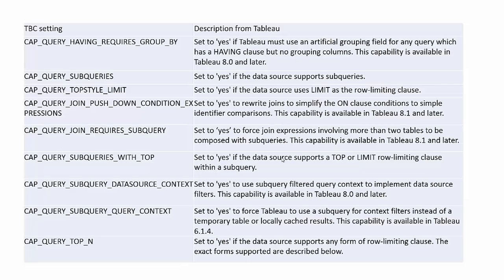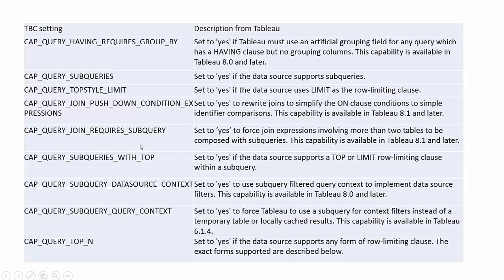And then where you're trying to push down the conditions, this is to really try and simplify the join as much as possible to an ON clause, which will make things considerably faster whenever it comes to writing your queries, especially if it's been done automatically by Tableau. And then query joins requiring subqueries will significantly improve performance.